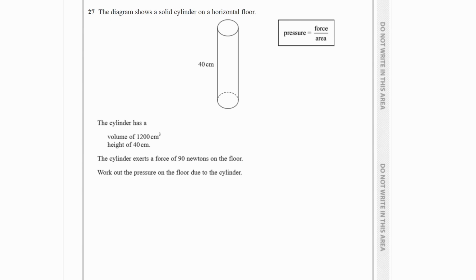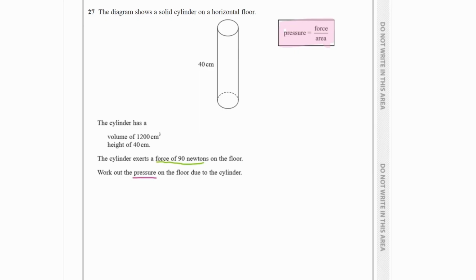Number 27. The diagram shows a solid cylinder on a horizontal floor. The cylinder has a volume of 1,200 centimeters cubed, height of 40 centimeters. The cylinder exerts a force of 90 newtons on the floor. Work out the pressure on the floor due to the cylinder. So here we've been asked to work out the pressure, and we have been given the formula for the pressure, which is force over area.